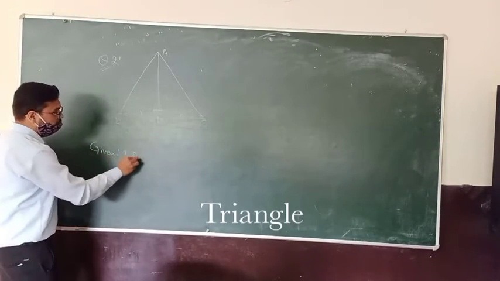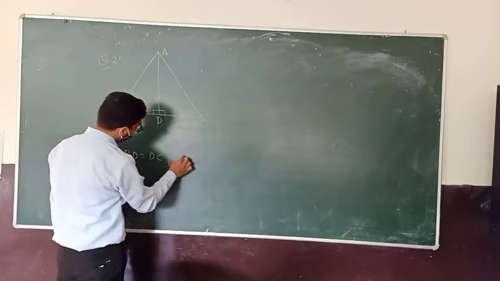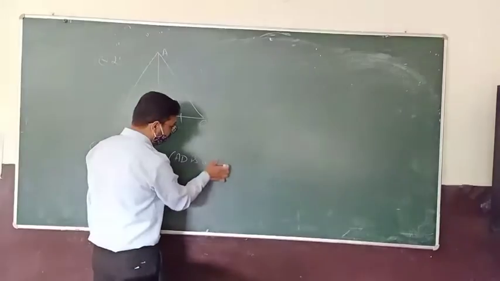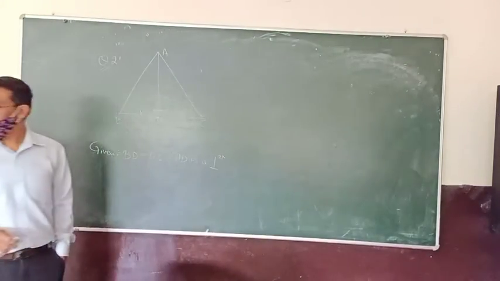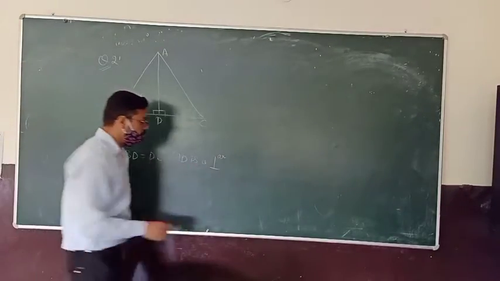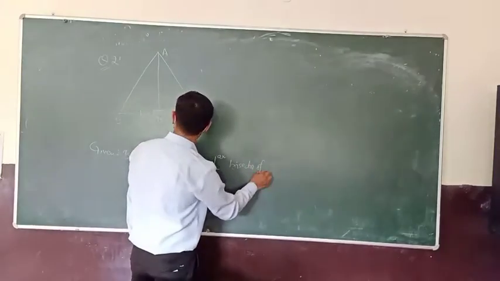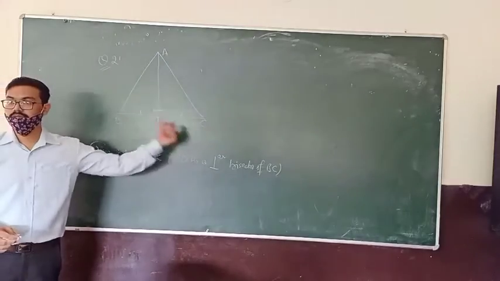So you can write BD is equal to CD, and the reason is AD is a perpendicular bisector. This is the sign for perpendicular. Okay. AD is a perpendicular bisector of BC. So that's why these two sides are equal.